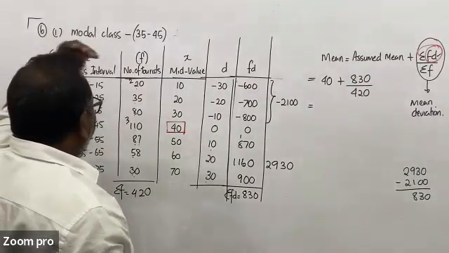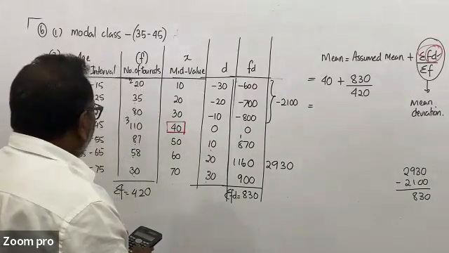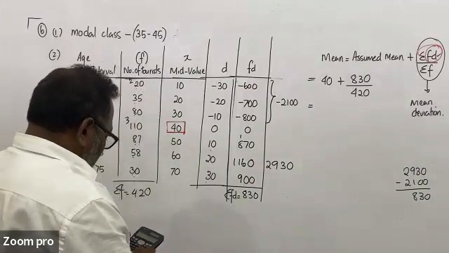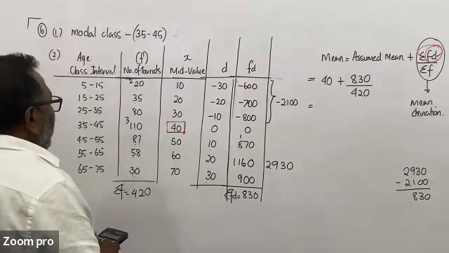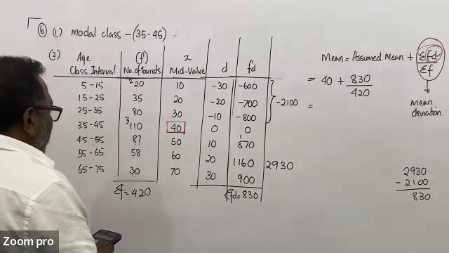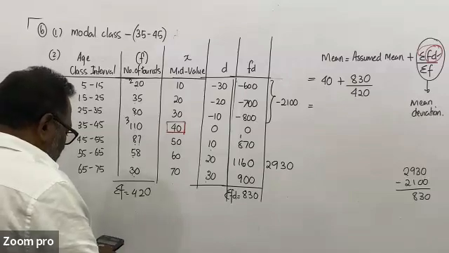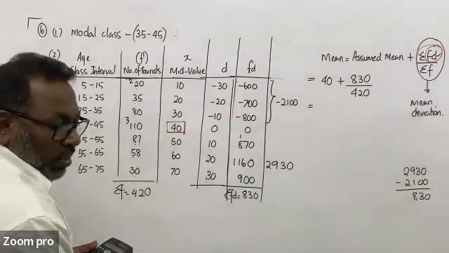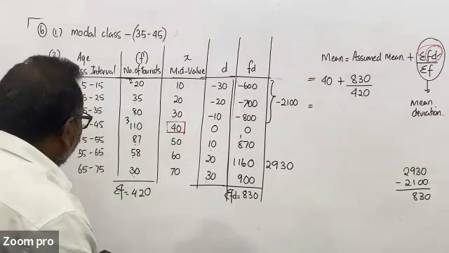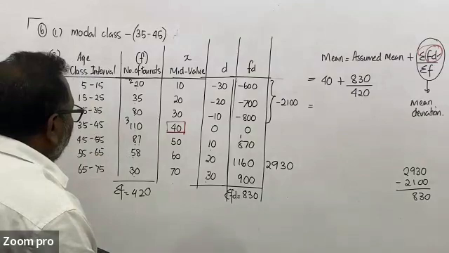So FD is 20 into 30, 600, 35 into 20, 700, 800, 0, 870, 58 into 20, 1160, 30 into 30, 900.